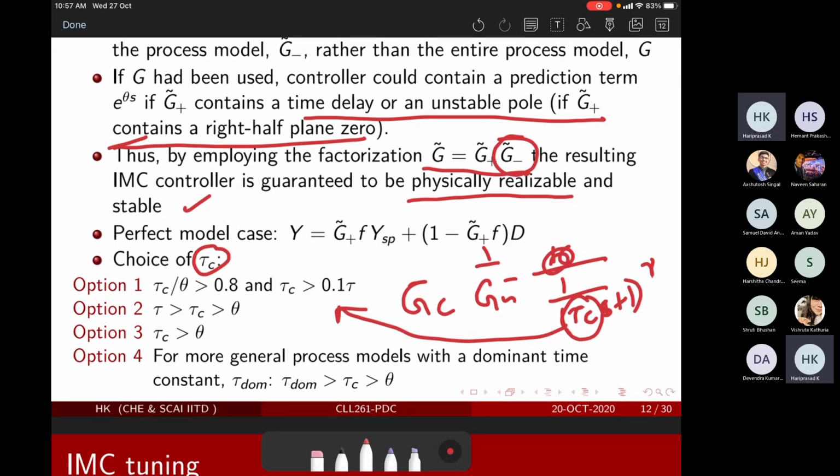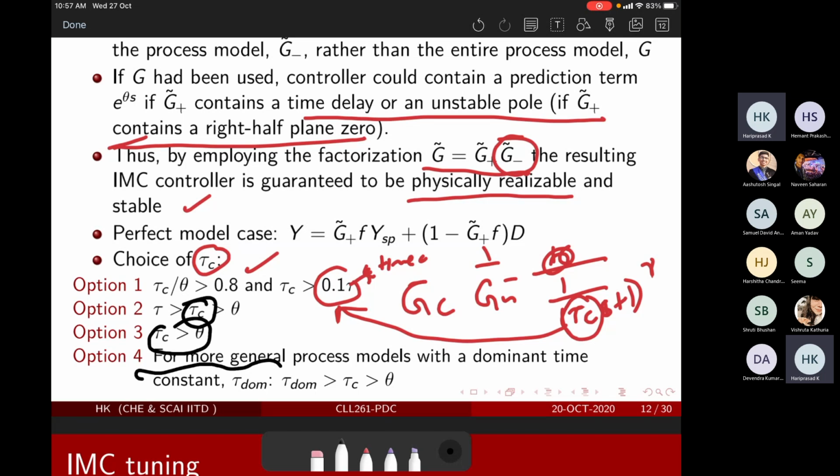If there is a time delay, you can keep tau c by theta greater than 0.8. That is one way. And tau c is greater than 0.1 times tau, which is the process time constant. They have given multiple options. One, you keep tau c between tau and theta, or you keep tau c greater than theta, and so on and so forth.